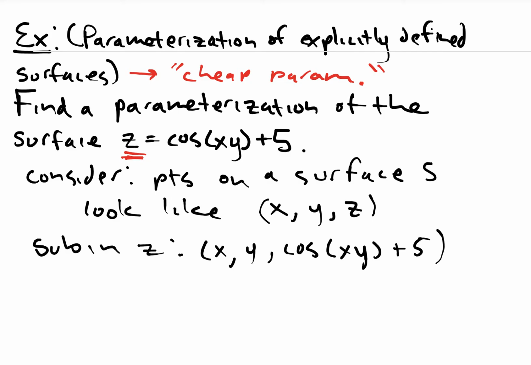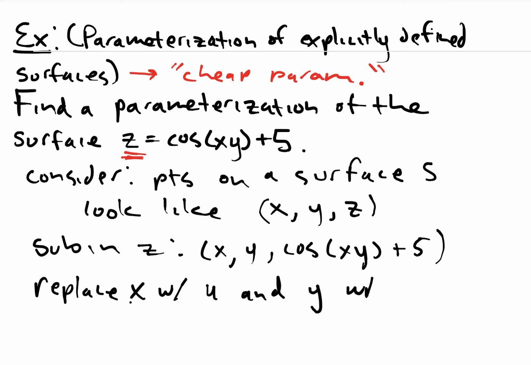And now if I want to put this in a parameterization, r of uv, basically just replace some of your variables. You notice that we got this down from a point that required 3 variables to represent to now it's an expression that only requires 2 variables to represent, right? So I'm just going to replace x with u, and I'm going to replace y with v, for my surface parameterization.